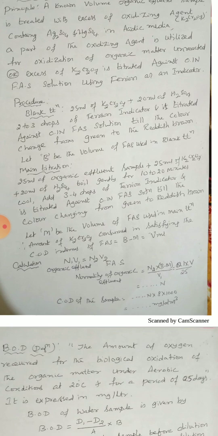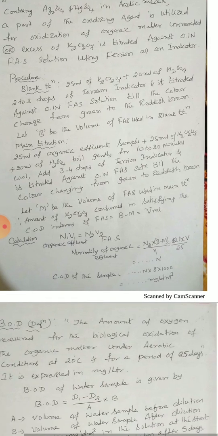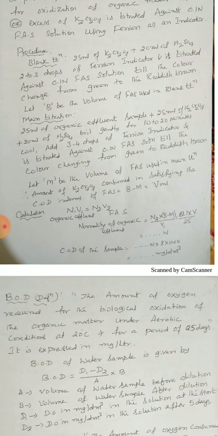Similarly, we carry out the main titration. Take 25 ml of wastewater sample and treat it with 25 ml of potassium dichromate solution plus 20 ml of sulfuric acid containing silver sulfate and mercuric sulfate.